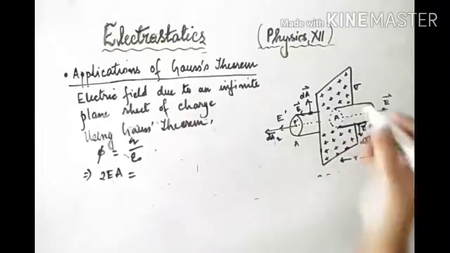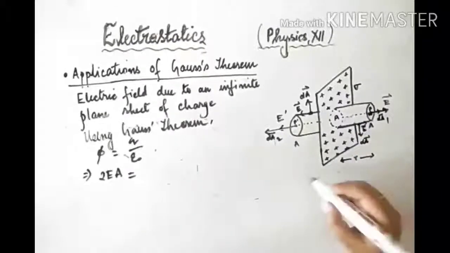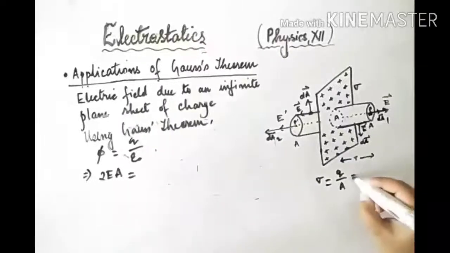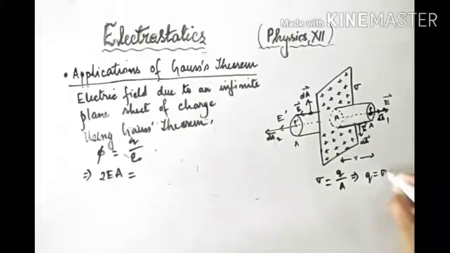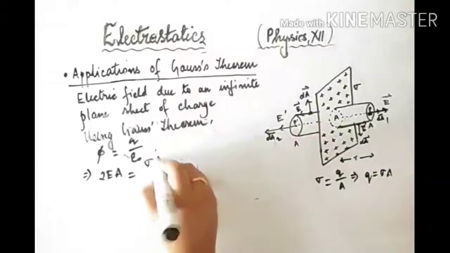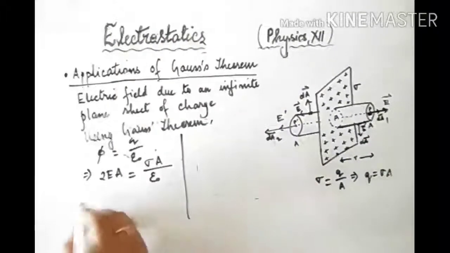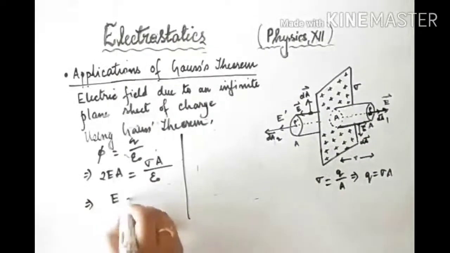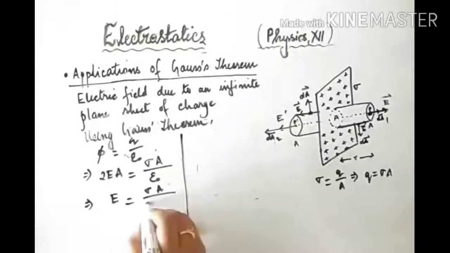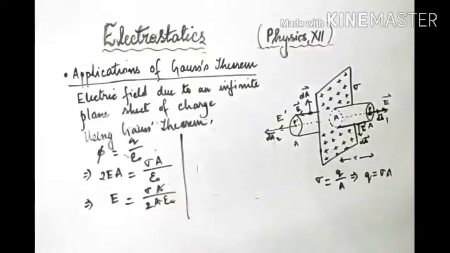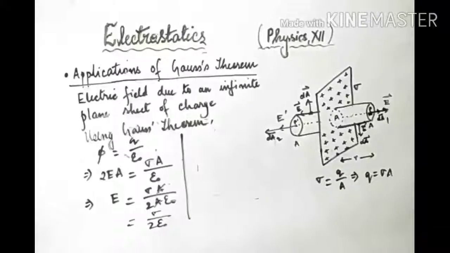If sigma is the surface charge density, we have learned before that Q by A is sigma, therefore Q equals sigma A. So we can write sigma A by epsilon naught. So now what do we get? E times 2A equals sigma A by epsilon naught. So what will remain? Sigma by 2 epsilon naught.